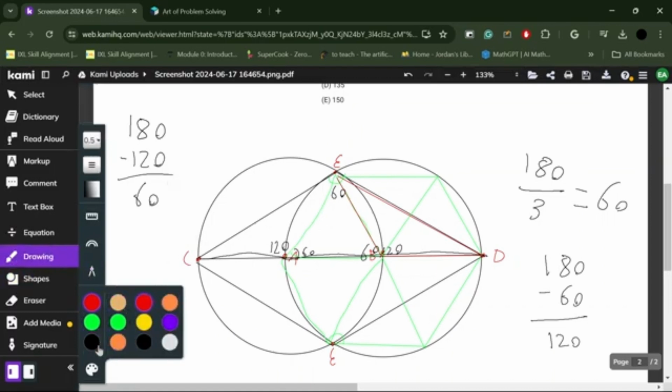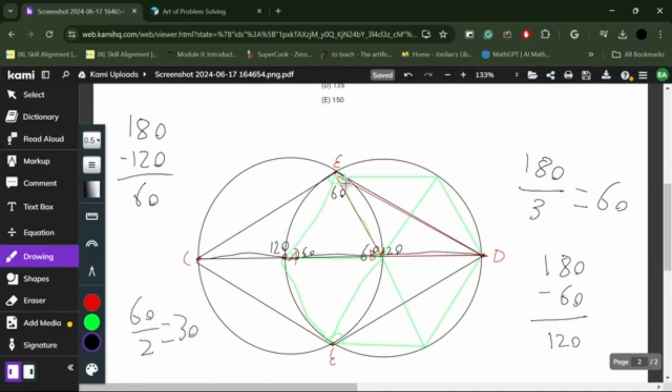So now that we know that, since this is 120, we know that these add up to 60 and they're equal. So we can just do 60 divided by 2 to get 30, right? So now we know that this angle is 30, and also we know that these two triangles are equivalent, right? So this is also 30.